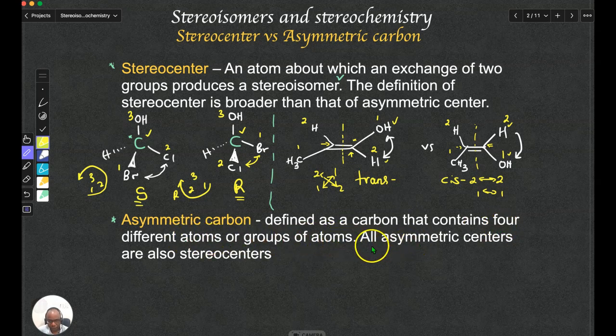By the way, all asymmetric centers are also stereocenters because what we are really defining here is this molecule right here. You see this carbon right here has 4 different groups, right? The OH is different from the Cl, and the Cl is different from the hydrogen, and the hydrogen is different from the bromine.